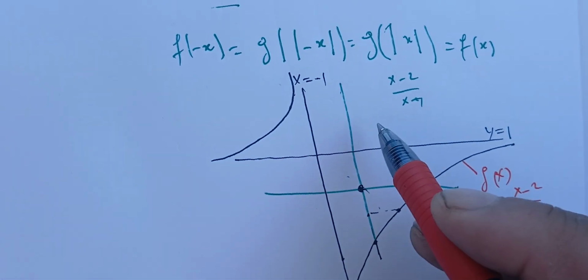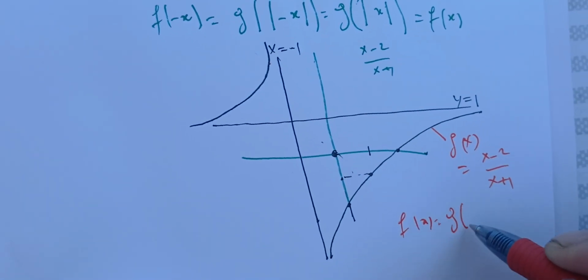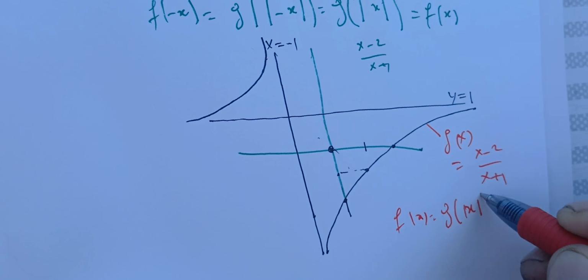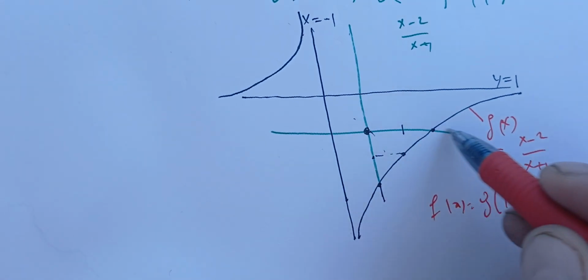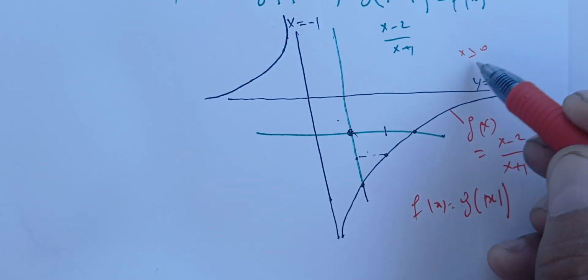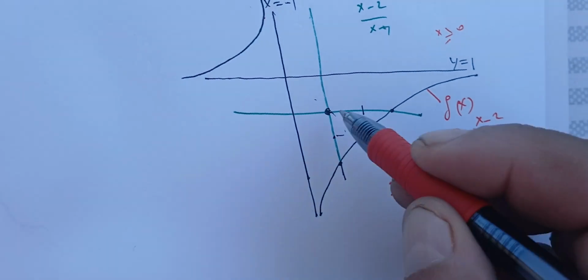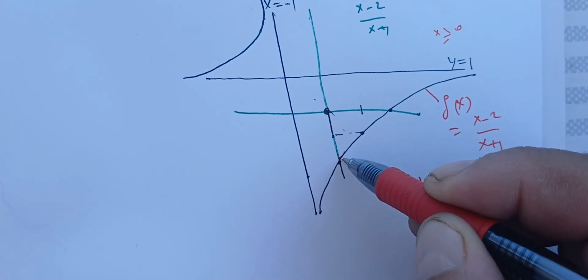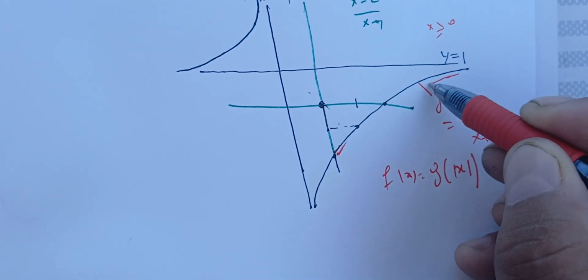So now I'm going to graph f of x, which is g of the absolute value of x. When x is bigger than 0, f of x is just g of x, so I'm going to draw it close to g.